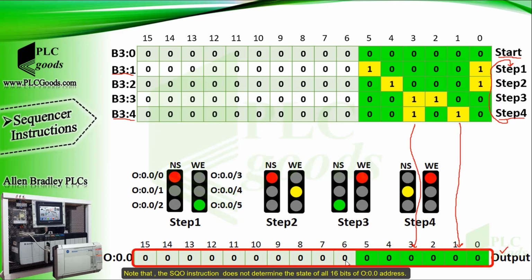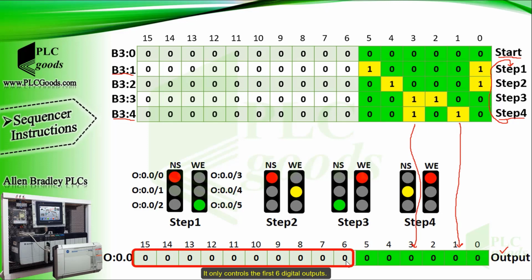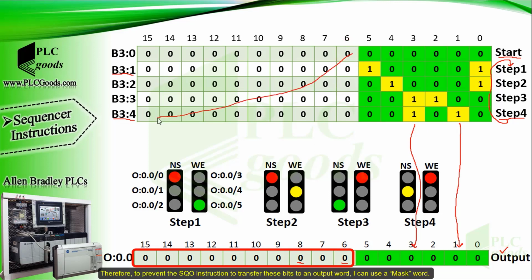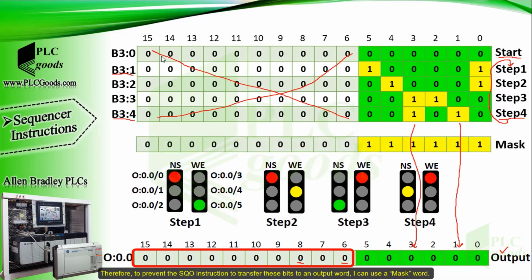Note that the SQO instruction does not determine the state of all 16 bits of O0 address. It only controls the first 6 digital outputs. Bits 6 to 15 of O0 are available but not used here. Therefore, to prevent the SQO instruction from transferring these bits to an output word, I can use a mask word.